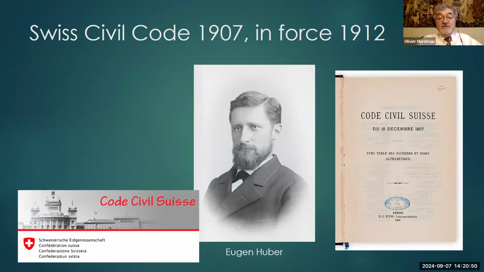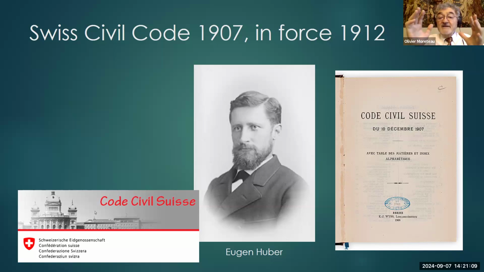This code is largely the work of one individual scholar, Eugen Huber, who was a professor, I believe, at the University of Basel, but had been also a journalist during much of his life and a politician.